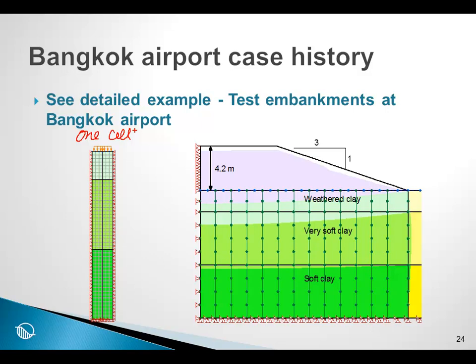We have studied this case history and used SIGMA/W to analyze some of the characteristics of this case history, so I would once again refer you to this detailed example that we ship with SIGMA/W.